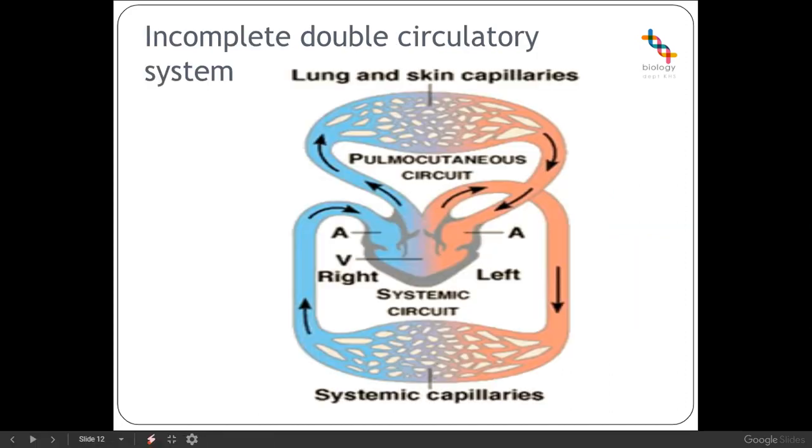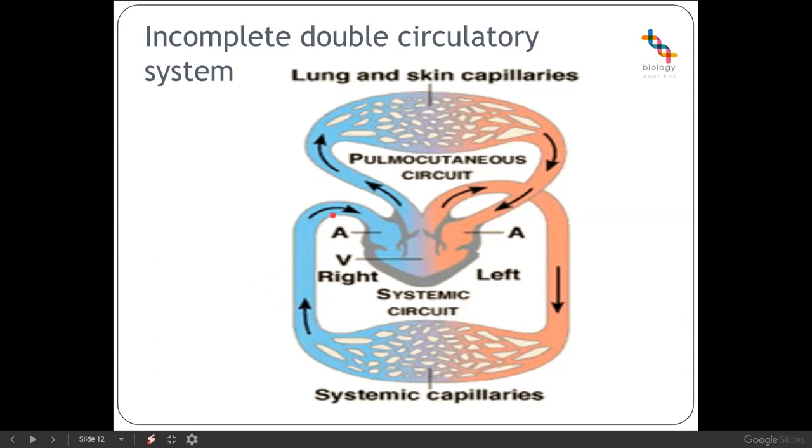So if we go back to have a little look, we've got, as I said, skin capillaries as well as lungs which are able to collect oxygen. But also, as oxygenated blood has been pumped out into the system, as it's flowing back, or in fact as it's flowing through here, although this is deoxygenated blood returning from the systems, we're able to pick up some oxygen from the skin at this point as well.